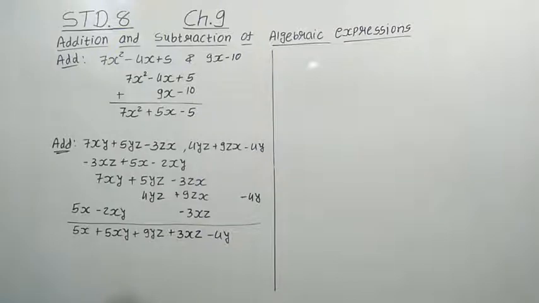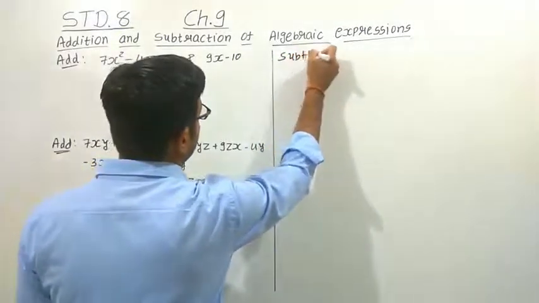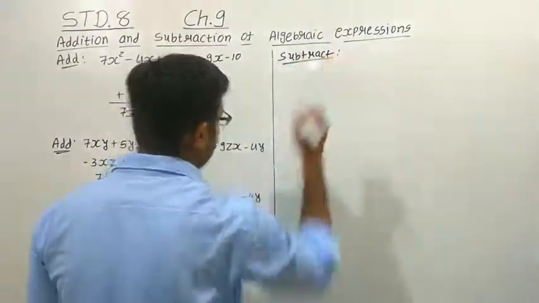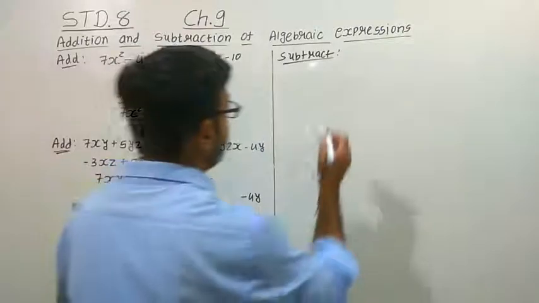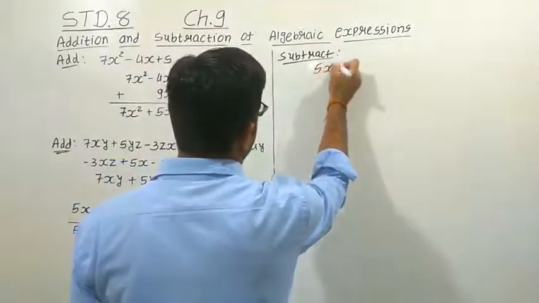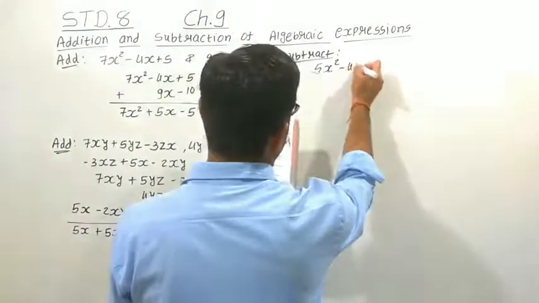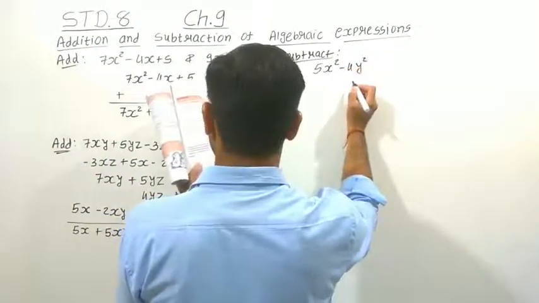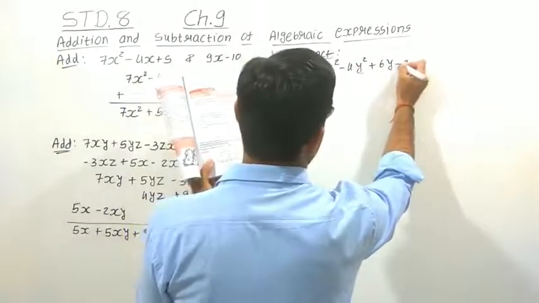Now let us study the subtraction. Now we will subtract. How can we subtract two expressions? See, one is 5x square minus 4y square plus 6y minus 3.